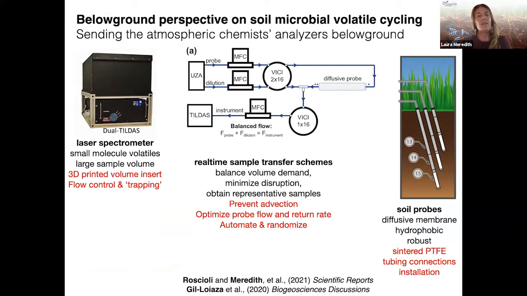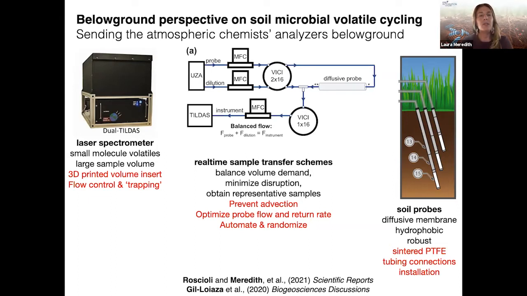For example, laser spectrometers often have relatively high sample volume demand with their large sample cells. So in some of these reports I've listed below, we've done things like create a 3D printed volume insert that fills up the space that's not needed by the laser path.